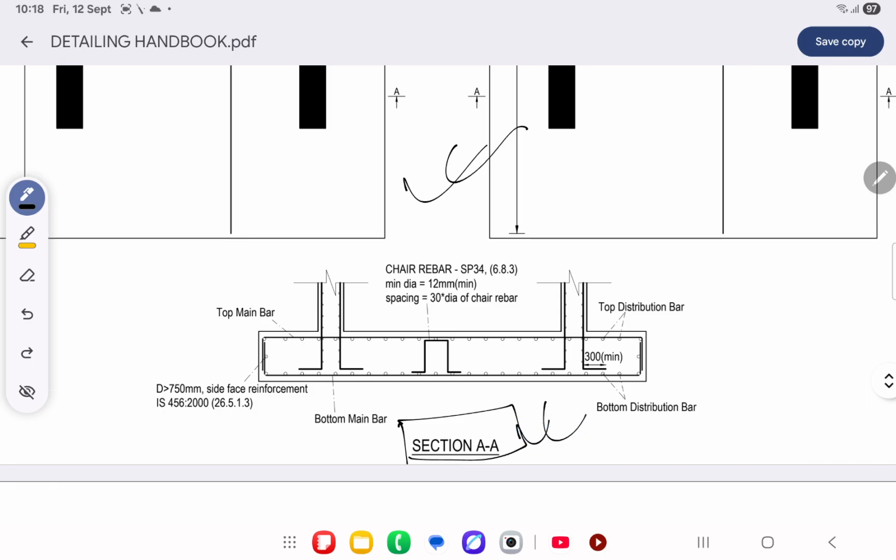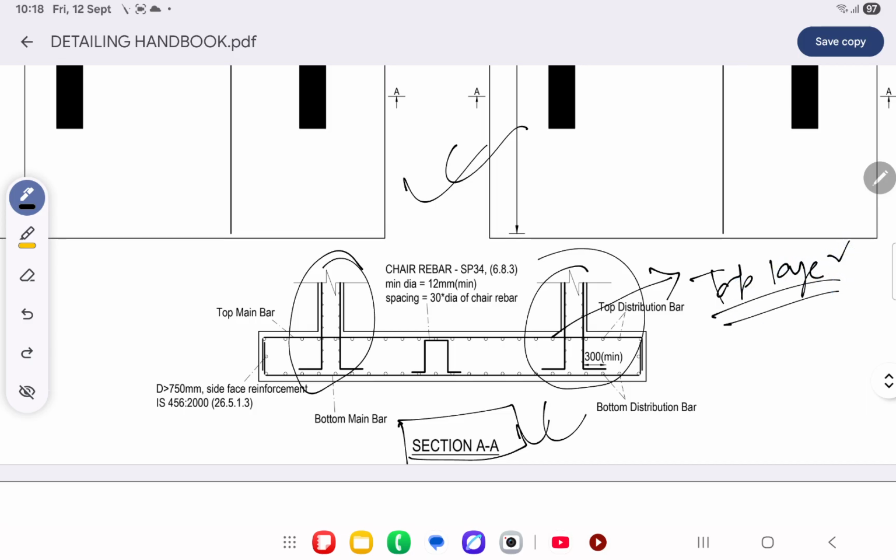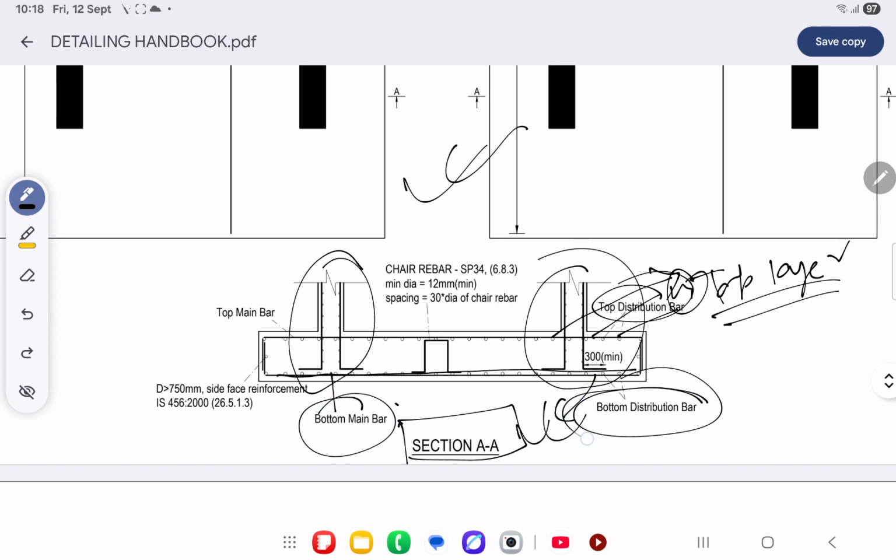In the raft foundation we generally provide two columns, and in the top layer there is x axis and y axis steel, with the main bar and the distribution bar. In the bottom also we provide the same x axis and y axis, the bottom main bar and the bottom distribution bar.